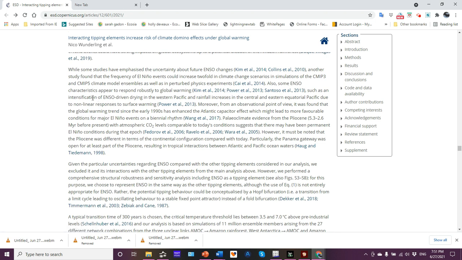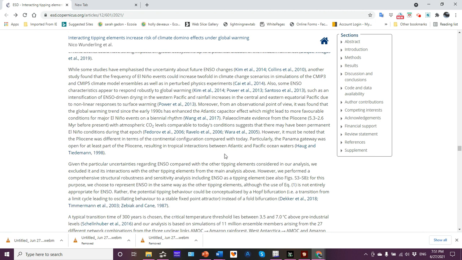Also, some ENSO characteristics appear to respond robustly to global warming. That is, dramatic changes, such as an intensification of ENSO-driven drying in the Western Pacific, and rainfall increases in the central and eastern equatorial Pacific due to nonlinear responses to surface warming.